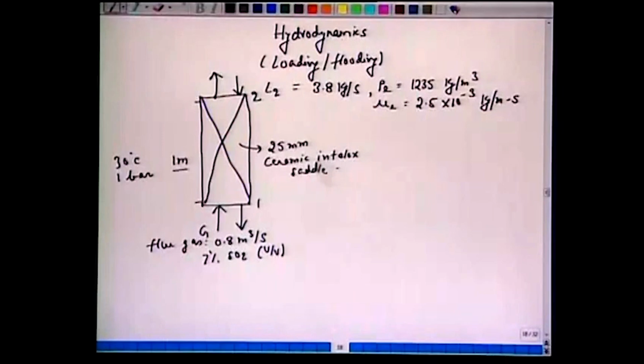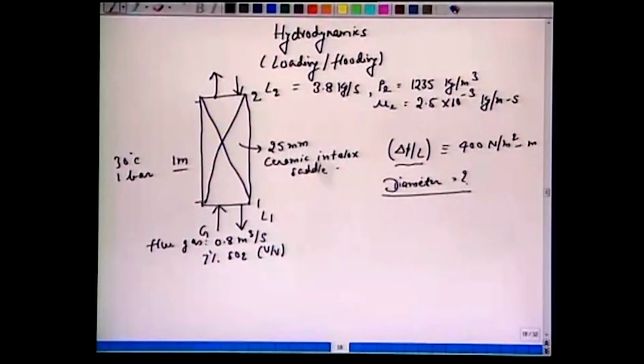So far we have not said how to determine the height of the column, that will be the next topic, but right now it says 1 meter height, and the liquid flow rate here is L1. The pressure drop per unit length must not exceed 400 Newton per meter square per meter. And the question asked is what is the possible diameter of this column.